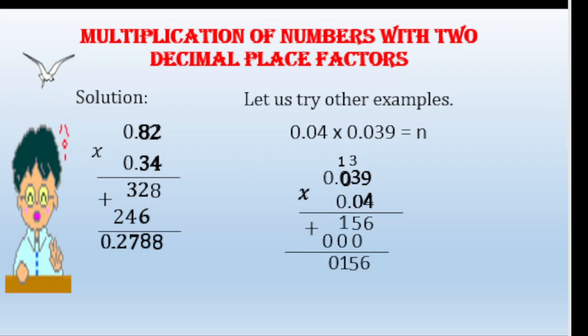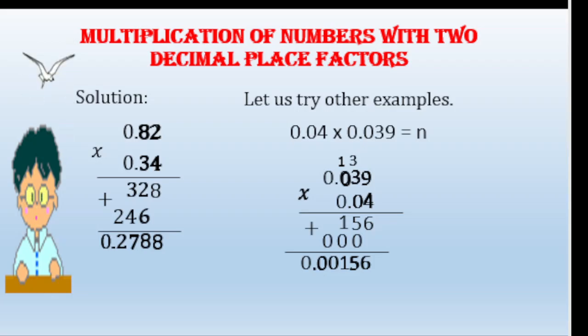Now, if you're going to count the decimal places on both factors, there are 5. So since the decimal place is only 4, we have to add 1 zero. So this time we can now put in the decimal point before 0. So your answer now is 156,000.